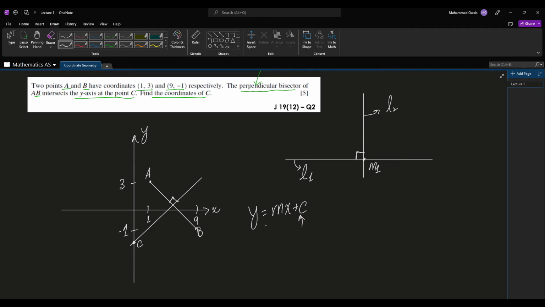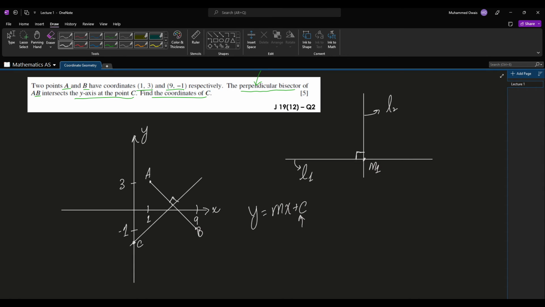We need to know at least one coordinate of the line so that we can find its equation. We can do that by finding the midpoint of AB, because the midpoint of AB also lies on the line which is cutting AB. Basically, the coordinates of the midpoint are coordinates of this line as well.